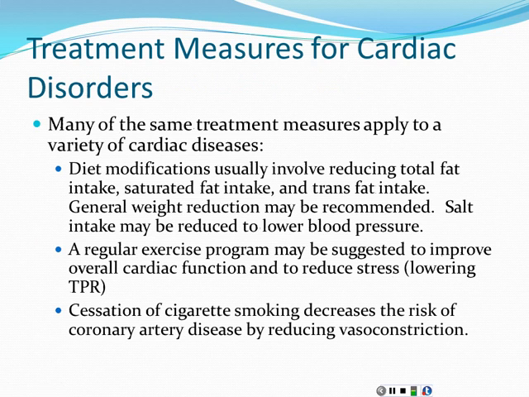Some common treatment measures across these different diseases. Diet and exercise. Every single one of the things that we're going to talk about in cardiovascular health, diet and exercise is part of the treatment and prevention algorithm. Because it turns out that regular exercise promotes heart health and vessel health.